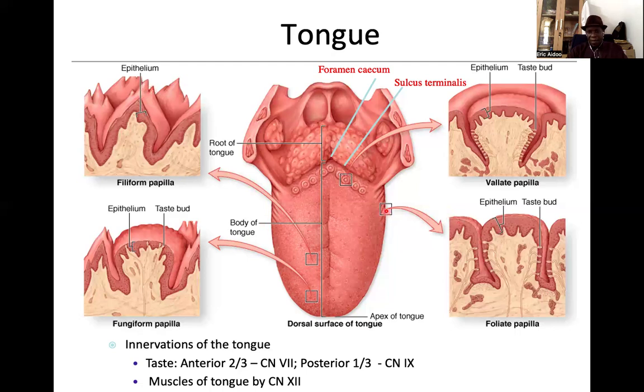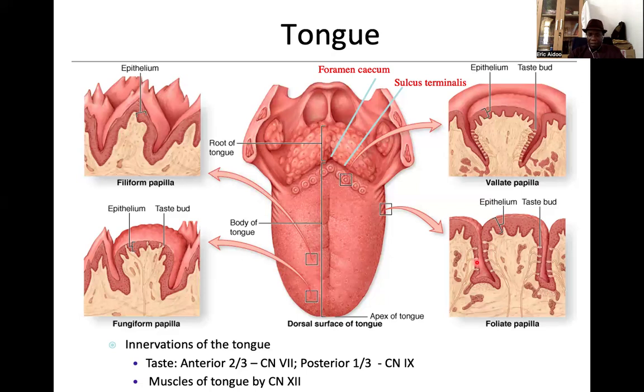Then you have the one at the very lateral part of the tongue, the foliate papilla, okay. Foliate is a Latin word that describes leaf, anything leafy, okay. So folic acid, for instance, is a folate kind of acid.